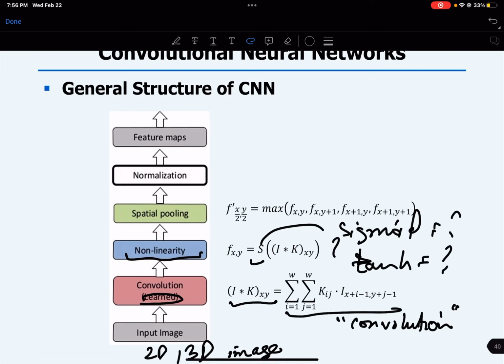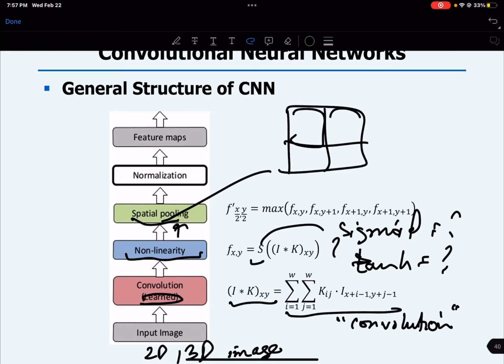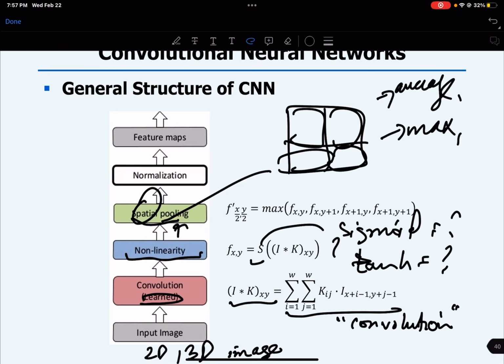Then you can do your spatial pooling. Spatial pooling is basically pooling based on position in the feature map, and different types of pooling are used. The most common are average and max pooling. There are other versions also available, and pooling reduces your feature map.